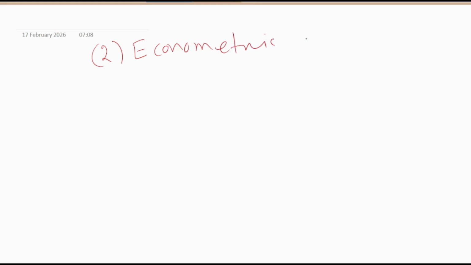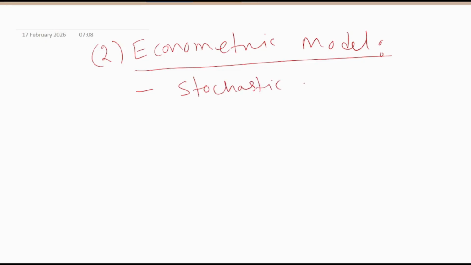Econometric model. Econometric models are also called as the stochastic models. Stochastic model actually incorporates randomness by including an error term.